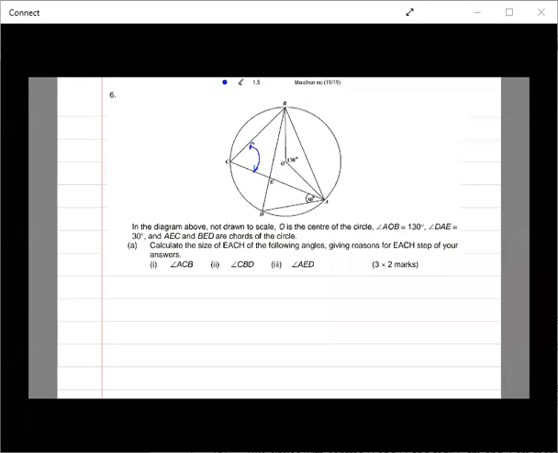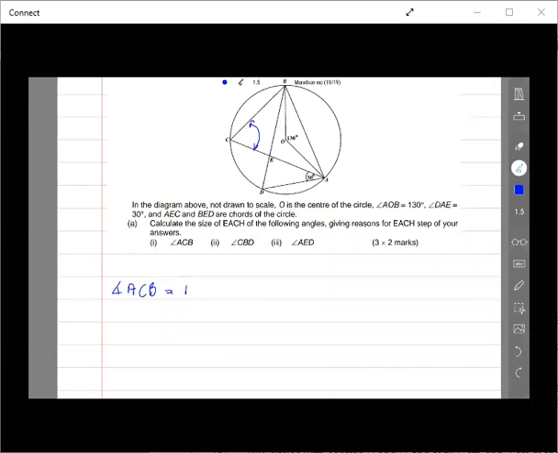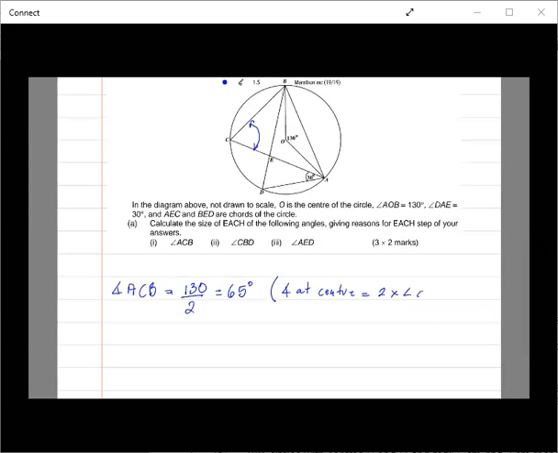So I would start by saying that angle ACB is equal to 130 divided by 2, which is equal to 65 degrees. And this is the reason: angle at center is equal to 2 times angle at circumference.